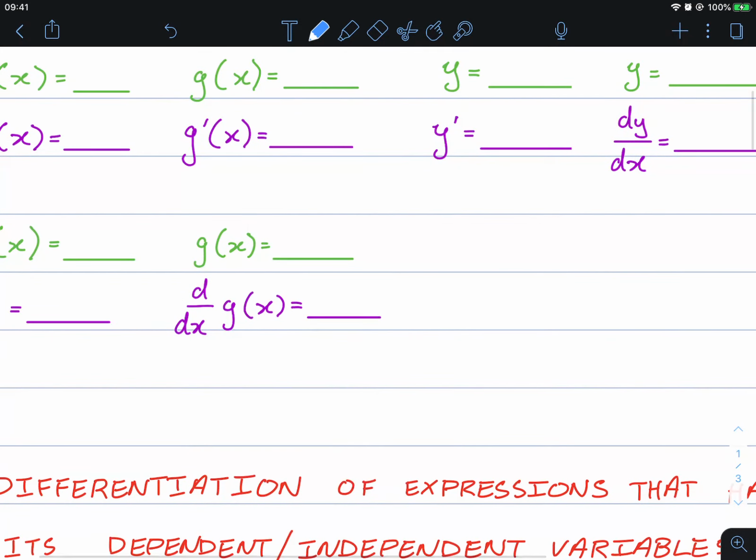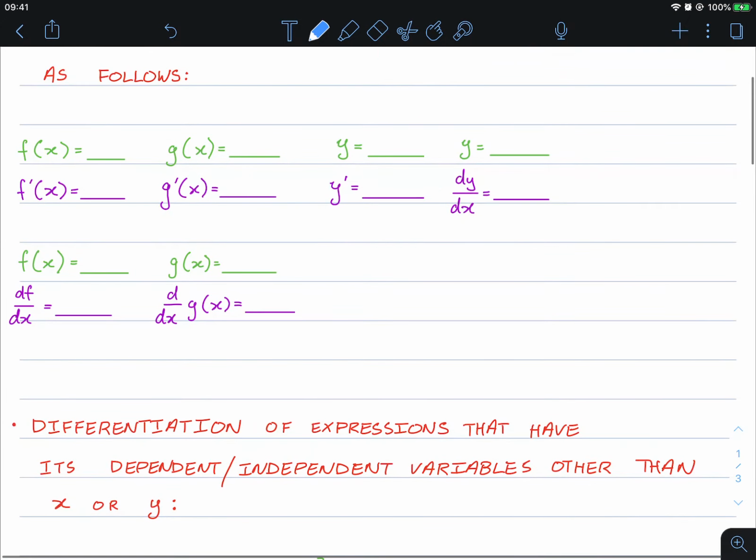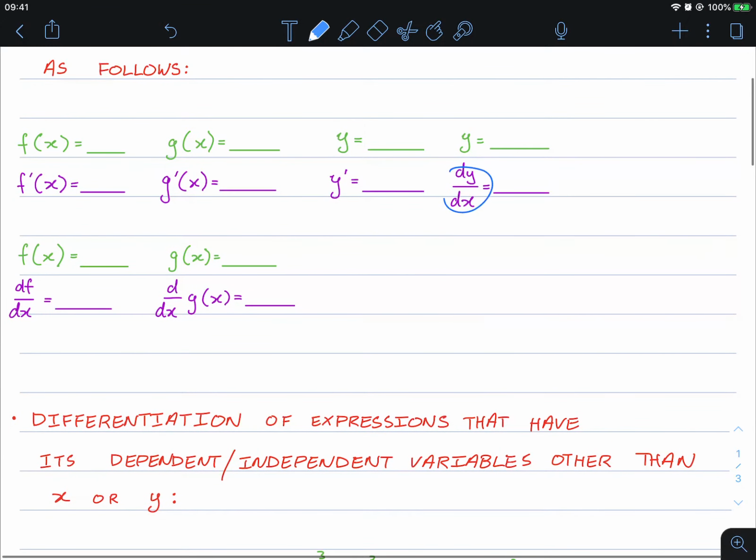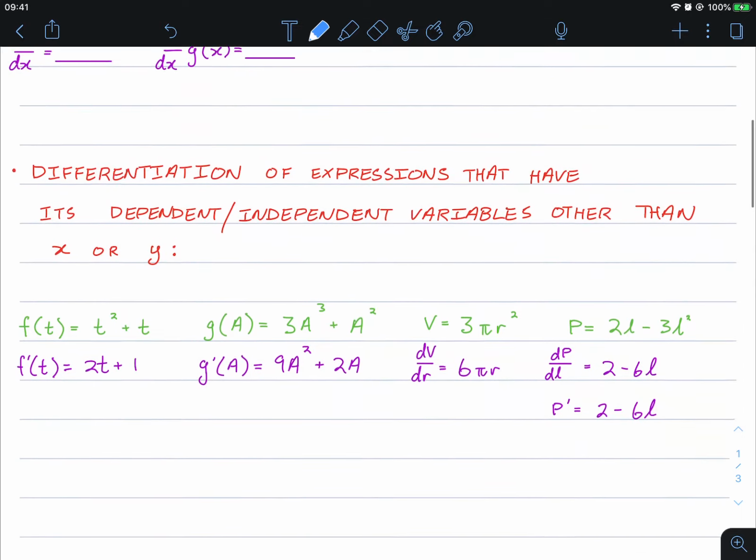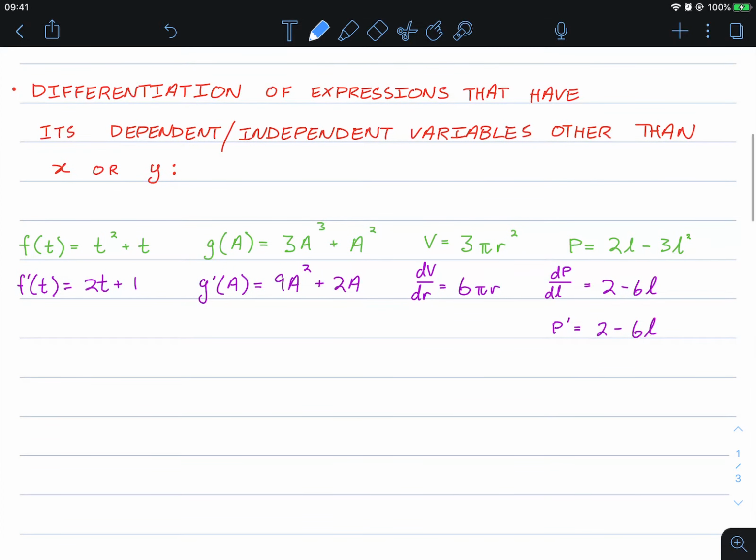You might hear me say this as d dx of g. You'll see why this notation exists, because it's possible to differentiate expressions that have dependent and independent variables other than x or y.